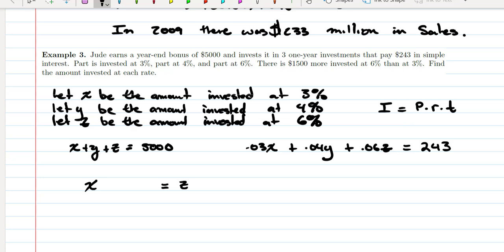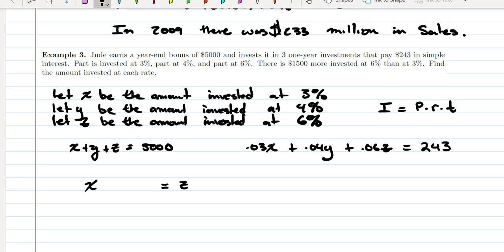So that means z has to be bigger than x, because there's more money at 6% than there is at 3%. So in order to make these two things equal, I have to do something to that equation. So I either have to make x bigger, or I have to make z smaller.